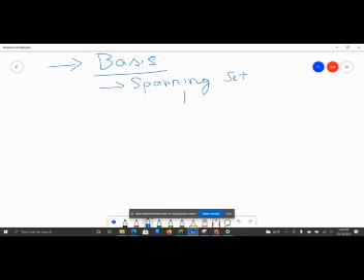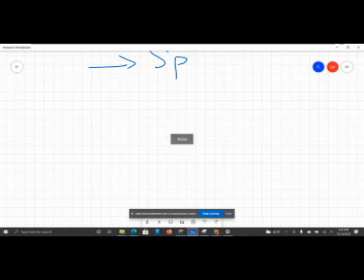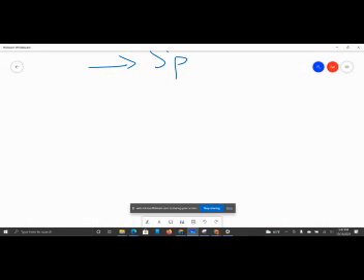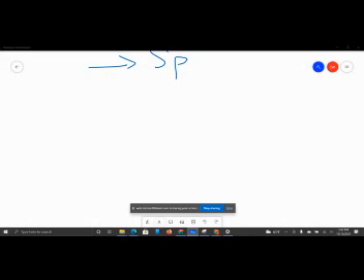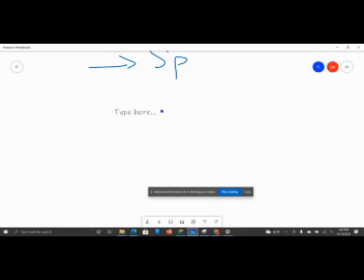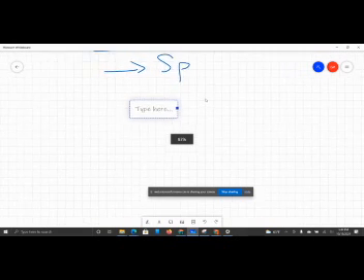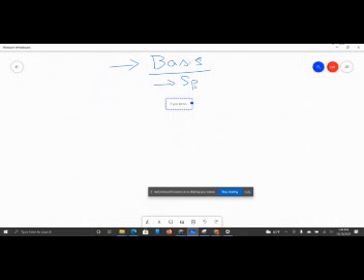I think it would actually be a little bit faster if I just typed some of this, which I will do. It'll be a little bit easier to read. So, the spanning set is also linearly independent.